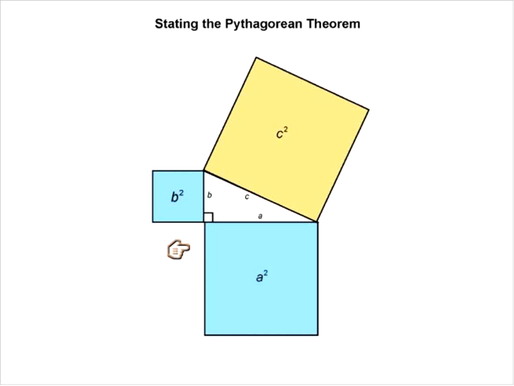And so now we can see that for this right triangle with legs A and B and a hypotenuse of length C, the sum of the squares of the length of the legs is equal to the square of the length of the hypotenuse. So this relationship is what we call the Pythagorean theorem.